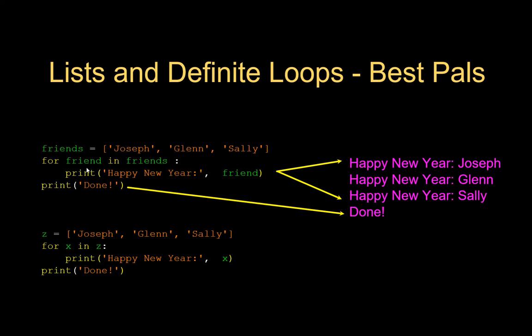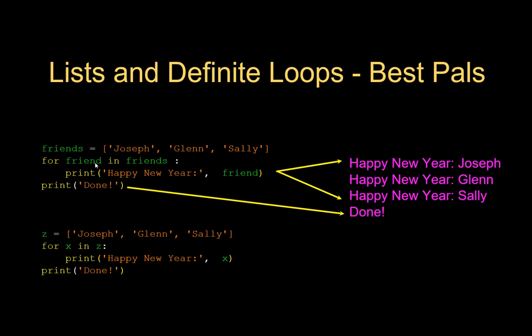So for friend in friends, which is our list, we're going to print happy new year and the iteration variable friend. For each value in this list, we're going to have an output of happy new year and then the iteration value.